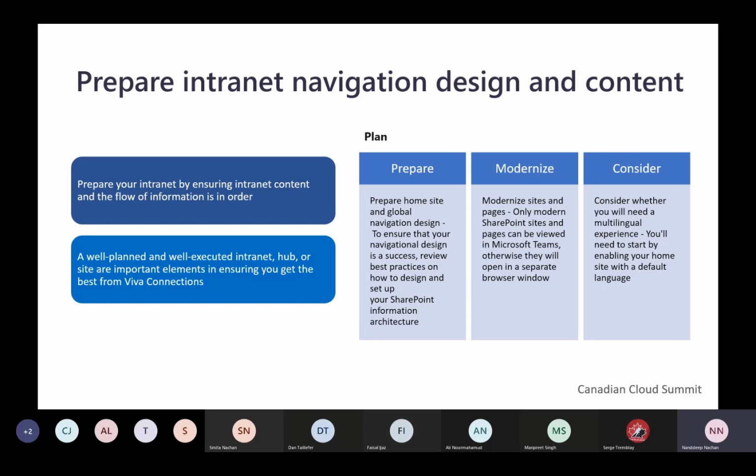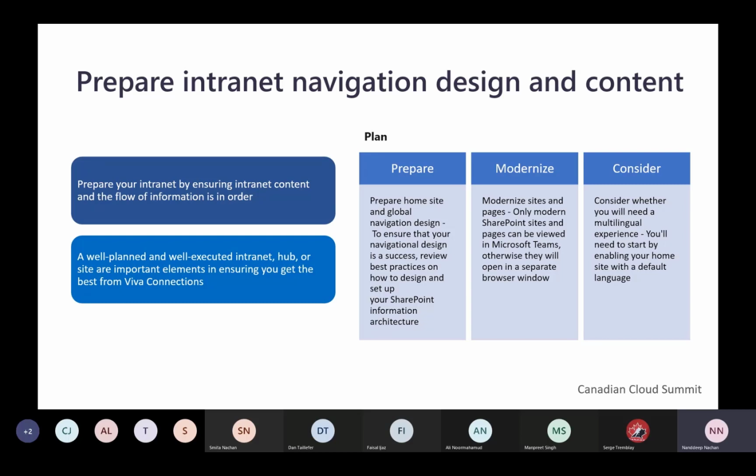So these are the things that we should consider: prepare your home site as well as the global navigation design, and modernize your sites as well as pages, because classic SharePoint doesn't work with Viva Connections. And consider whether you will need a multilingual experience enabled. The permissions required here are very simple.